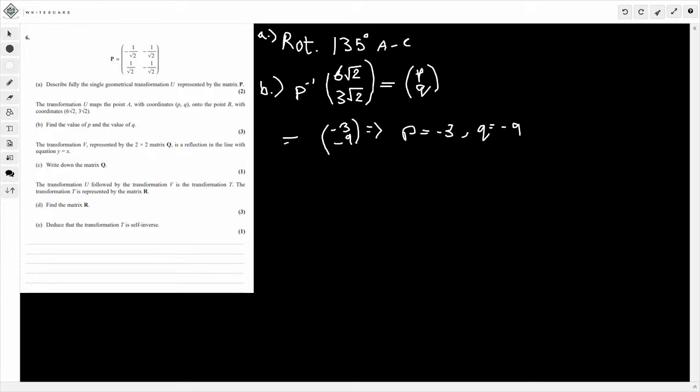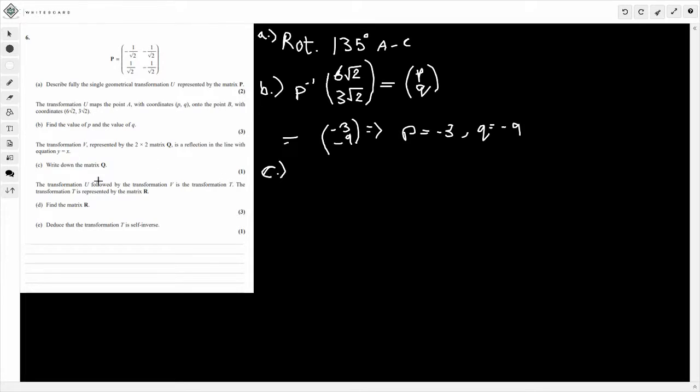For part C, we have to write down the matrix Q, and it tells us the transformation V, represented by the 2 by 2 matrix Q, is a reflection in the line with equation y equals x. Again, it's just one of these that you're going to have to learn.